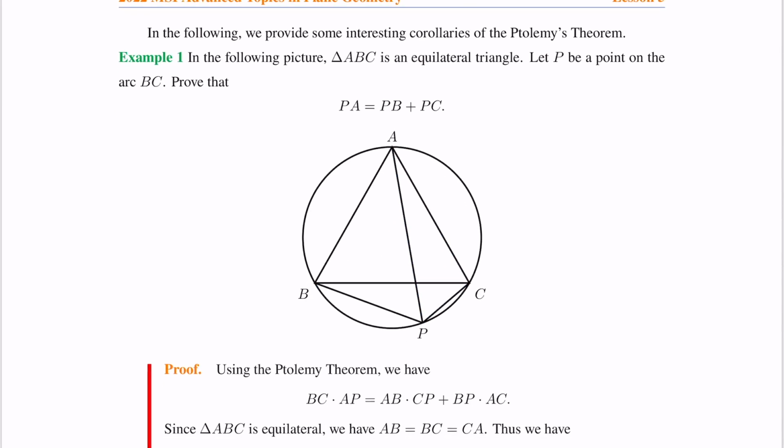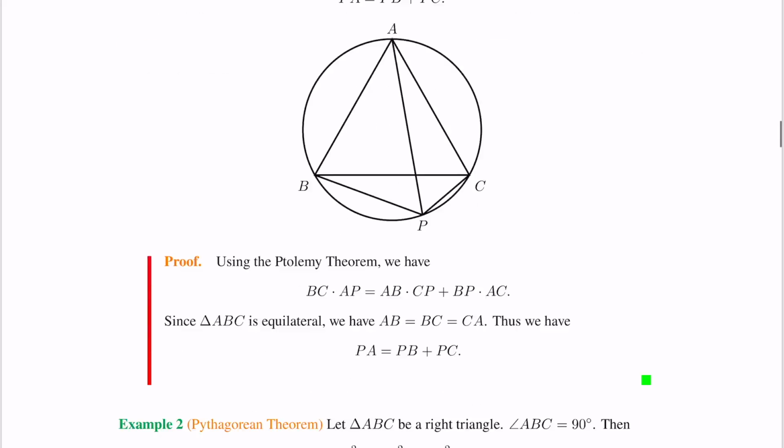I'm going to use Ptolemy's theorem, and it becomes a one-line proof. We know that BC and AP are the diagonals, so we take BC times AP. That's equal to AB times CP plus BP times AC. That's Ptolemy's theorem. However, AB is equal to BC is equal to CA because this is an equilateral triangle. So if we cancel AB, BC, and CA, then we get PA is equal to PB plus PC. So that's a nice proof.